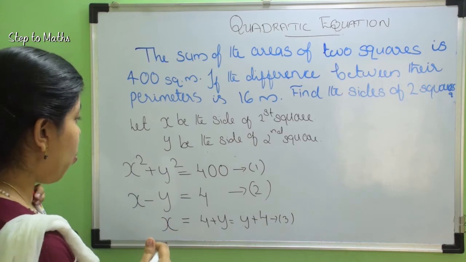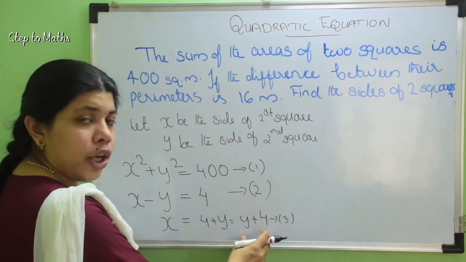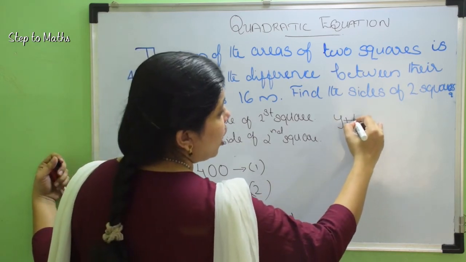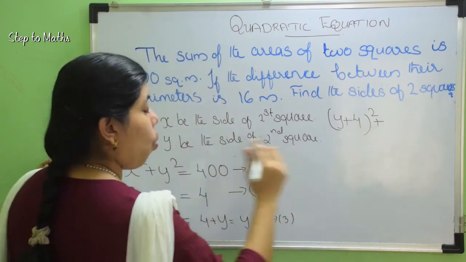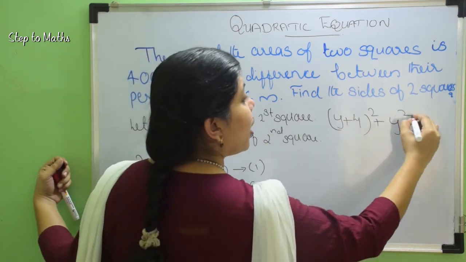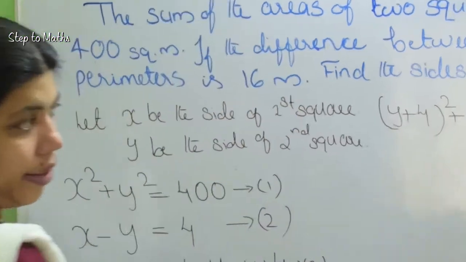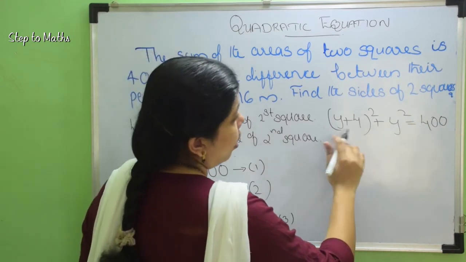Then it becomes y plus 4 square plus y square is equal to 400.